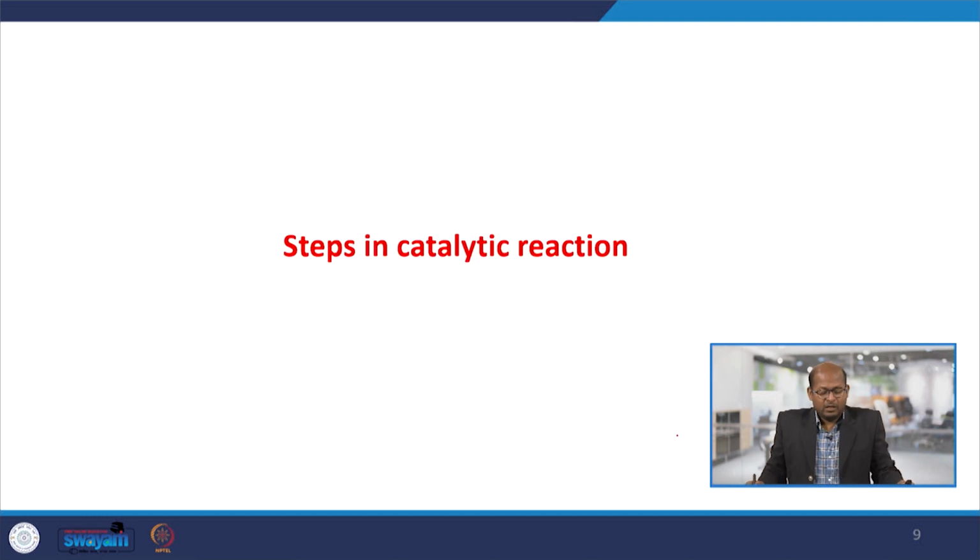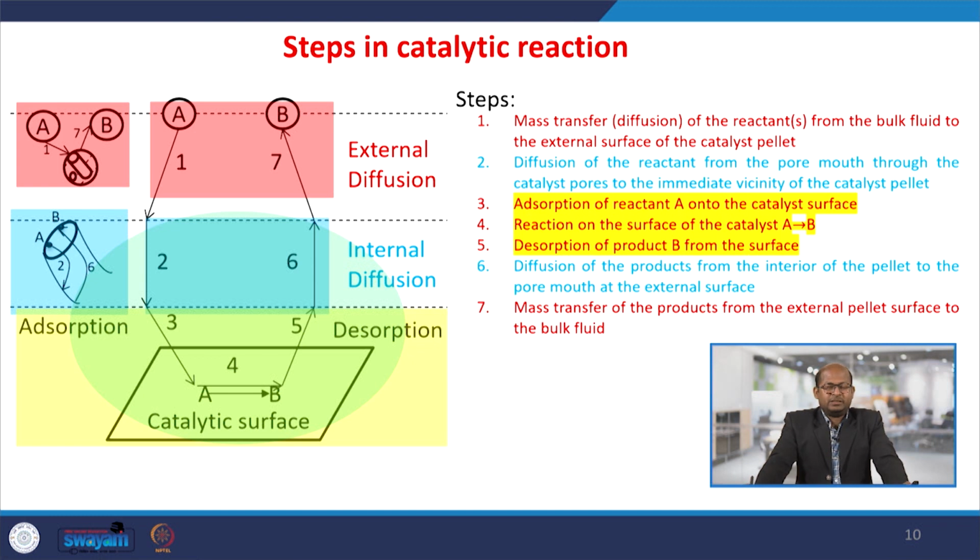Now, the steps in catalytic reactions are very important, so we are going to discuss them. Let us say we have a catalyst, through which we are passing the reactant molecules. Once the reactant molecule passes over the catalyst surface, it gets adsorbed, and then chemical reactions take place and it is converted into the corresponding products.